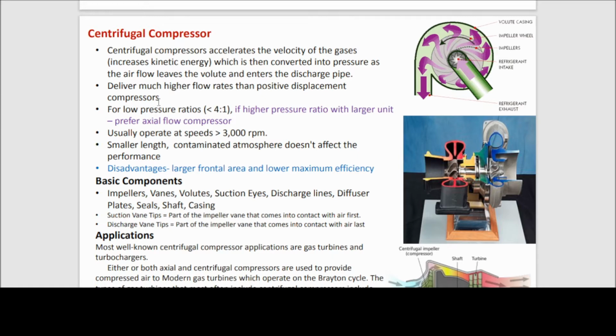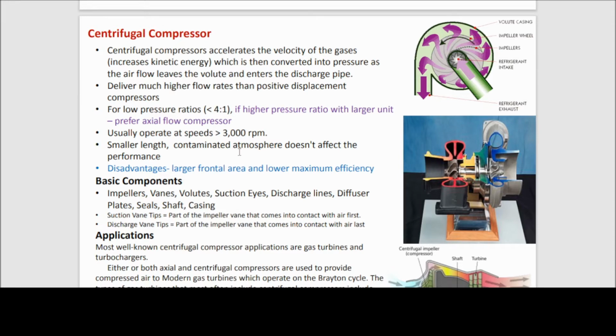Now this centrifugal compressor delivers much higher flow rates than positive displacement compressors, and it is used for low pressure ratios, that is less than 4:1. If the pressure ratio is higher, with a larger unit, then we will prefer axial flow compressors. It usually operates at speeds greater than 3000 rpm, and the length of the centrifugal compressor is small.